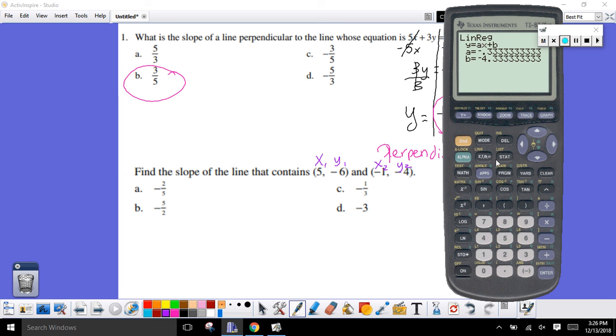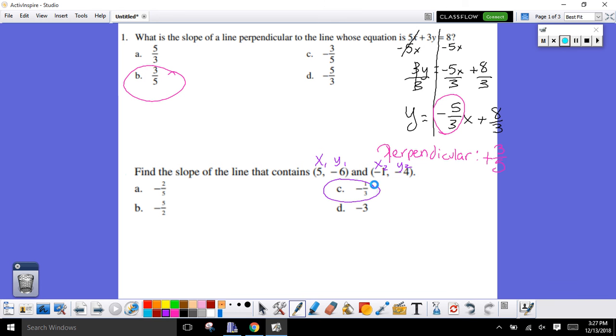If I want to convert that to a fraction, I'm going to return to my regular screen and put negative 0.333333333 many times. I'm going to select math, press enter, and it gives me my fraction, negative 1/3. My slope is negative 1/3. So my answer is C.